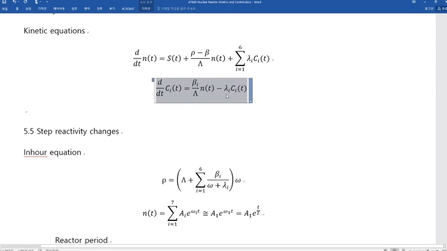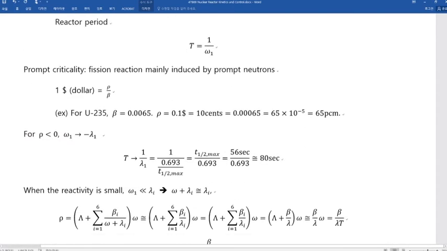This is the decay rate of the precursors. And of course, the first term corresponds to the production rate of this type of precursor.